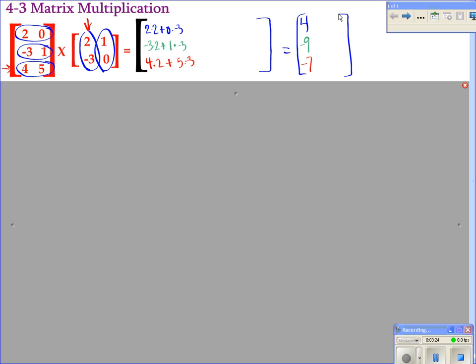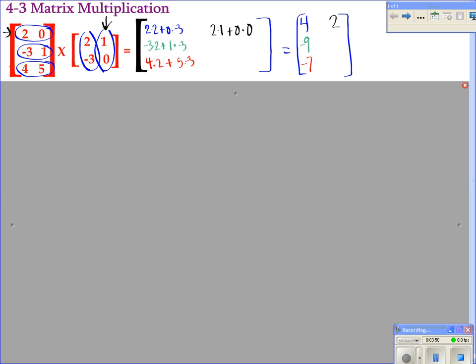All right. Now we're finding all of the numbers in the second column. So we're always going to be using those 2 numbers. To find the one in the first row at the top, we'll take 2 and 0 with the 1 and the 0. So we've got 2 times 1 plus 0 times 0, which gives you 2. Making sense?